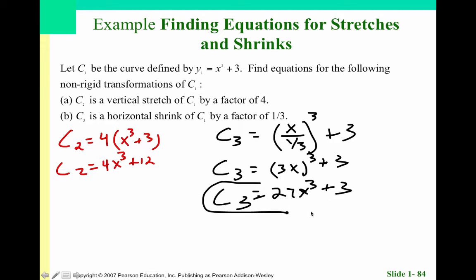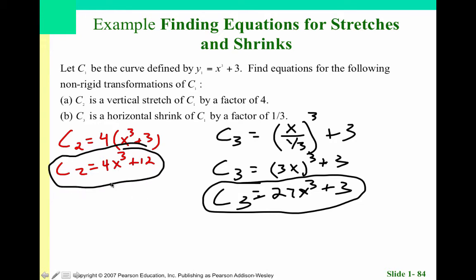Here's the ambiguous part. So here was my vertical stretch by a factor of 4. Here was my horizontal shrink, which also goes up faster. If I just gave you this one right here and said describe the transformation, you would tell me if I started with x cubed, I went up 3 and a vertical stretch of 27.